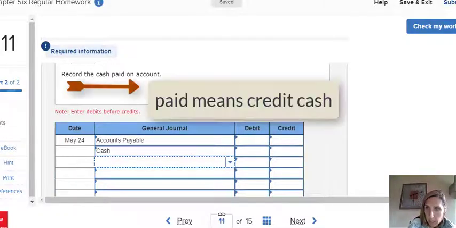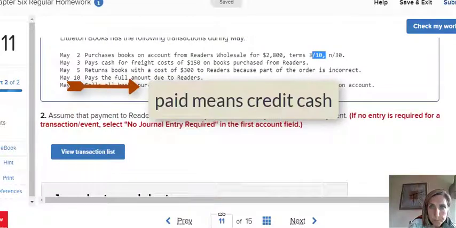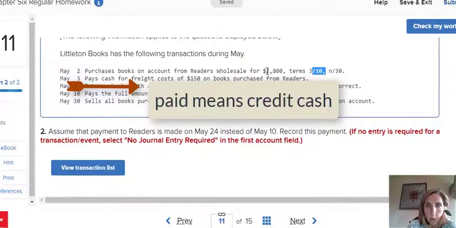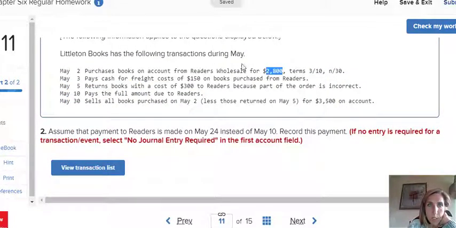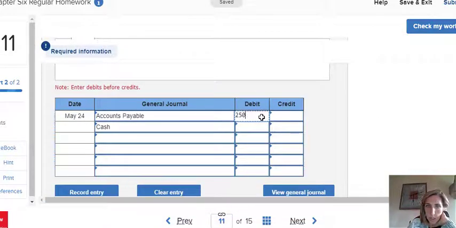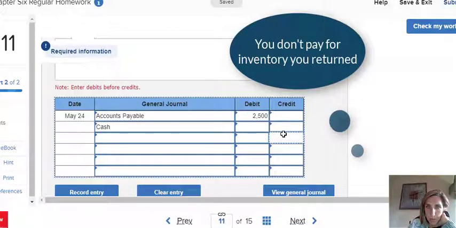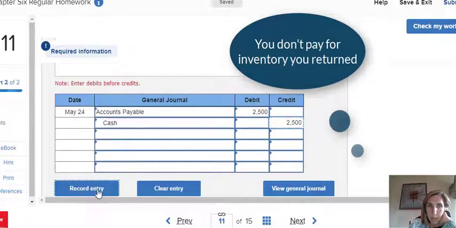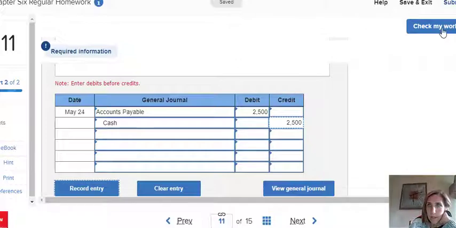But this time it's going to be for the full amount of what I owed. What I owed was $2,800 minus the $300 worth that I returned of inventory. So this would just be for $2,500. Record that entry. Check my work.